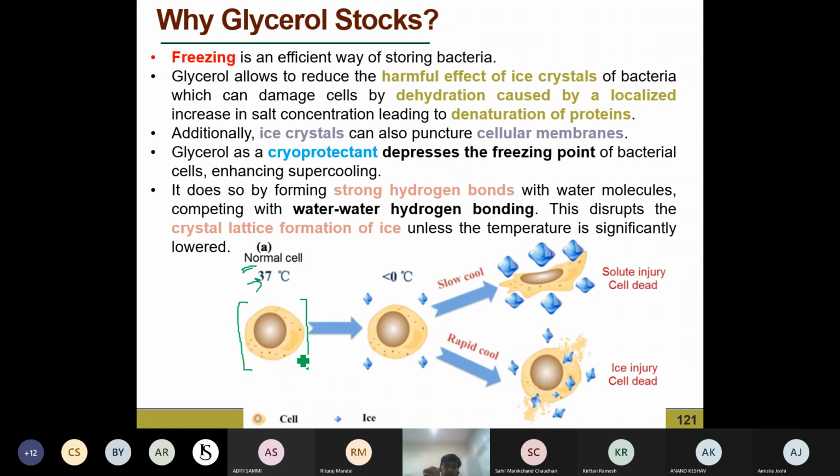One important thing you need to note is that every cell is hydrated, meaning they have a certain water content. That is a very important parameter to maintain the viability and the metabolic activity of the cells.